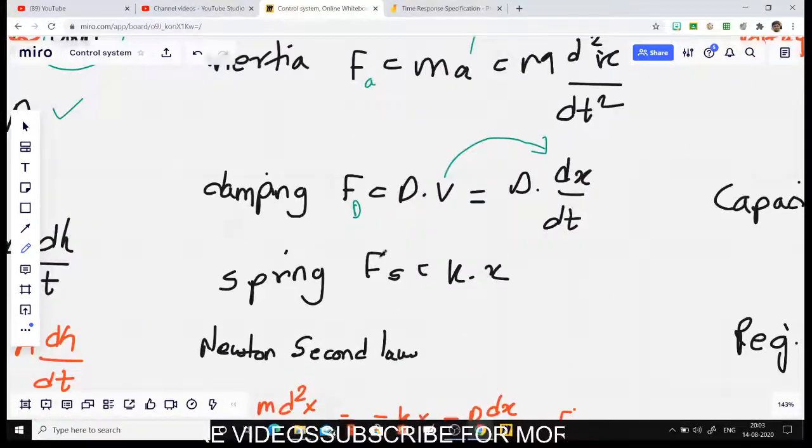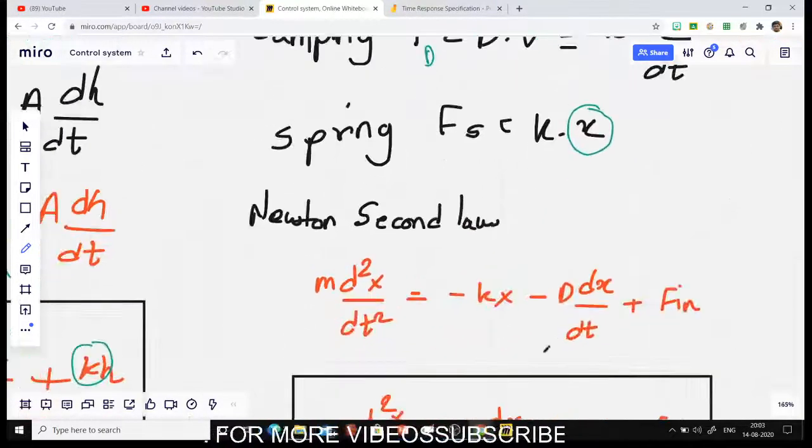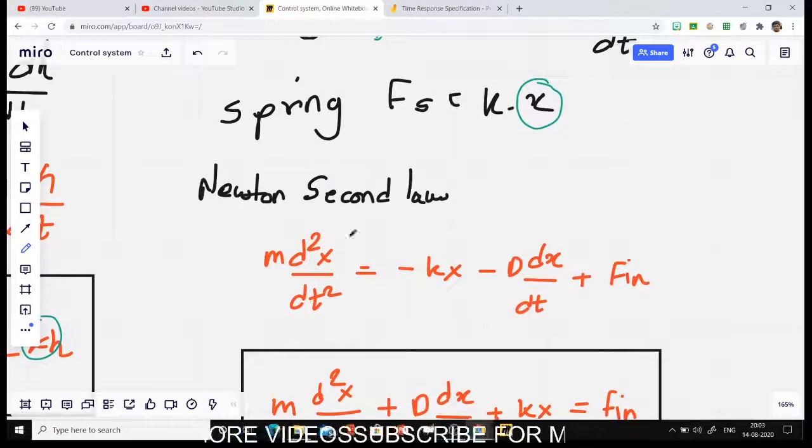And lastly there is a spring force Fs, which is a function of displacement. Applying Newton's second law, what you get is m s square is equal to all the forces acting on the system. So mass into acceleration is equal to force.